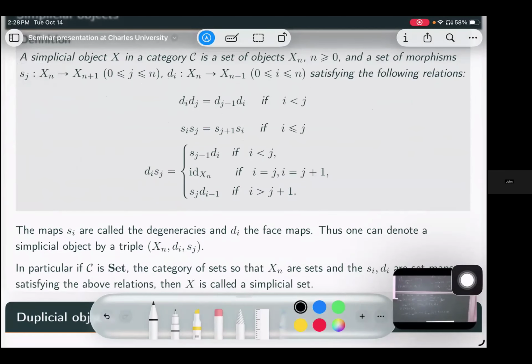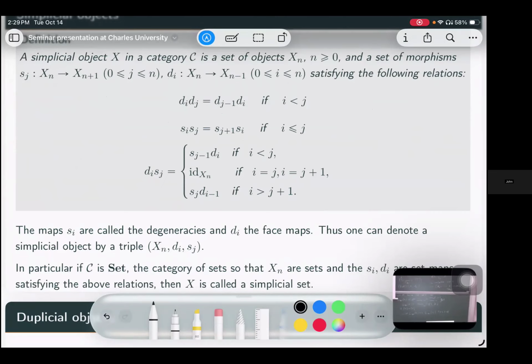And then the compatibilities between the face maps and the degeneracies: if I do d_i s_j for i less than j, then s_{j-1} d_i must be the same thing as d_i s_j.